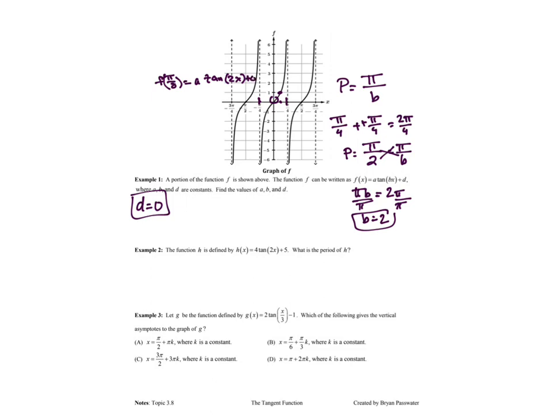I used b as 2, and I worked backwards here to find amplitude. Well, what is f of pi over 8? 1. So 1 is equal to amplitude times tangent of 2x.